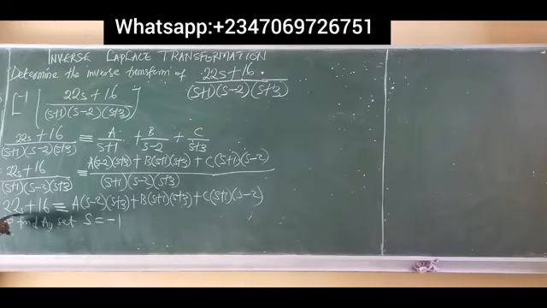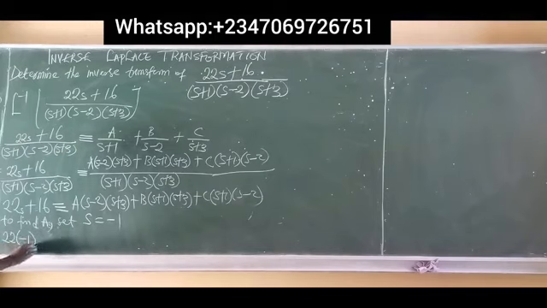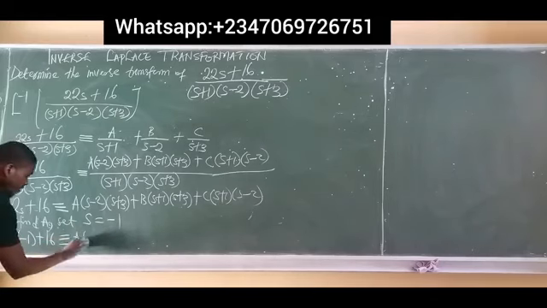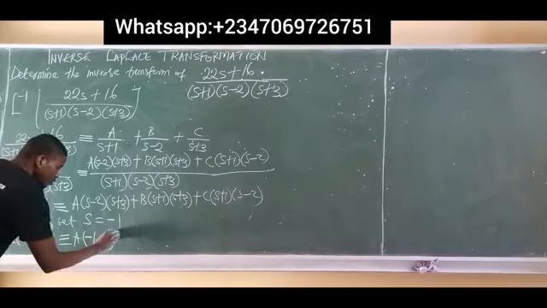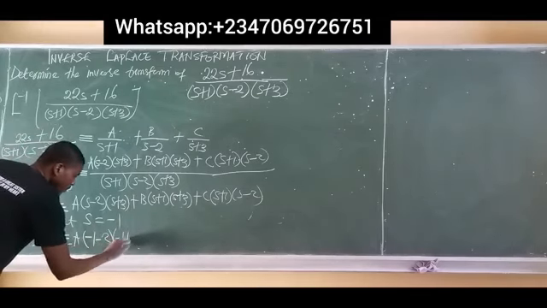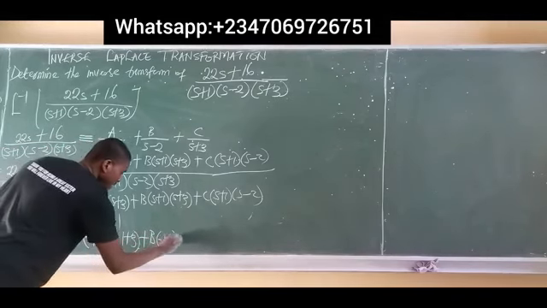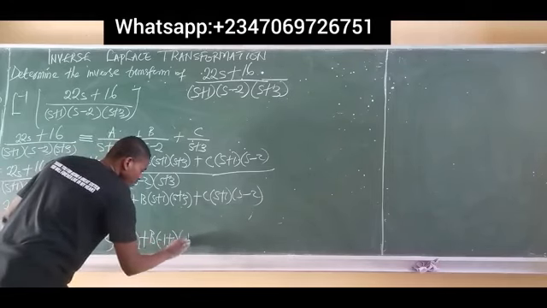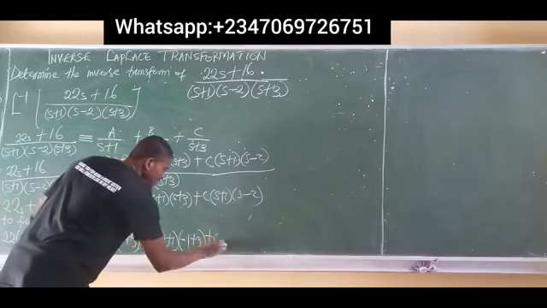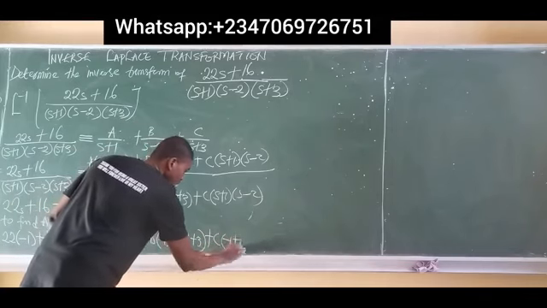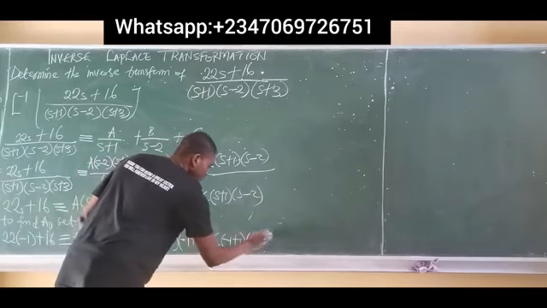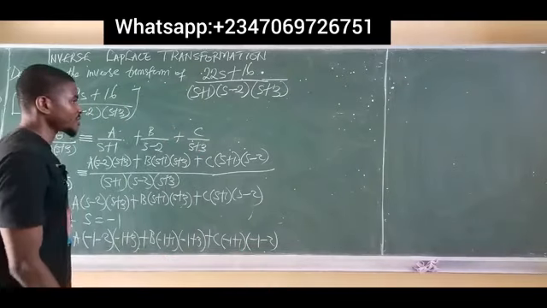That means I'm going to be having here, this is 22s, so I have 22 in place of s is minus 1, plus 16, and this is equivalent to A into (s − 2), and s is now minus 1 minus 2, into (s + 3), s is minus 1 plus 3, plus B into (s + 1), s now is minus 1 plus 1, into (s + 3), s here is minus 1 plus 3, plus C into (s + 1), s here is minus 1 plus 1, into (s − 2), s here is minus 1 minus 2. So I have something like this.